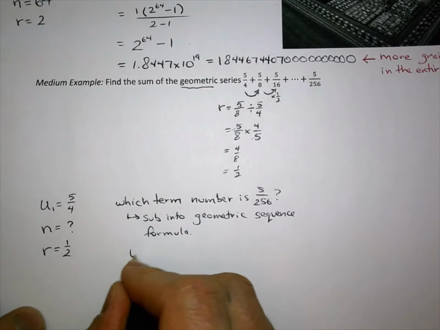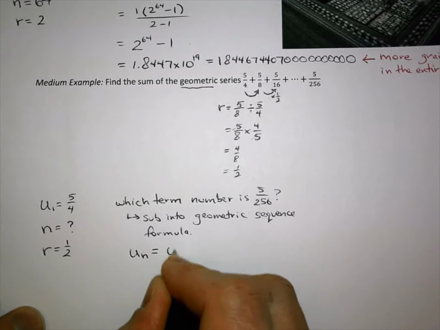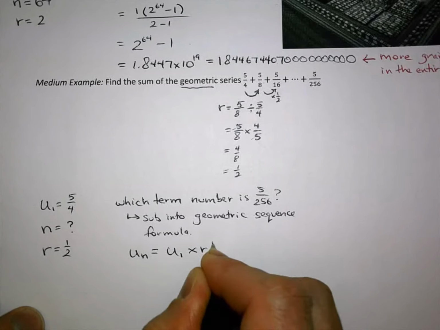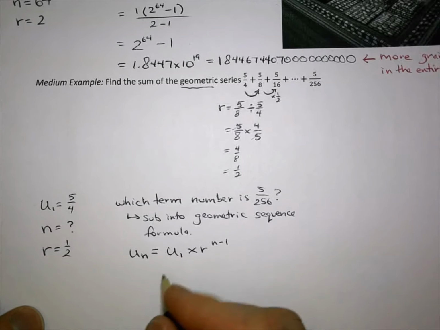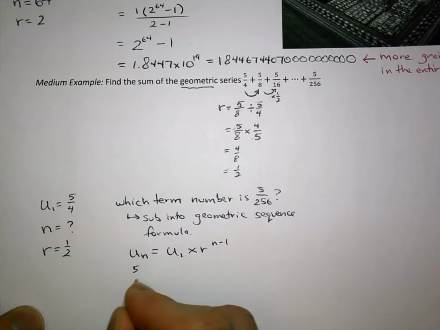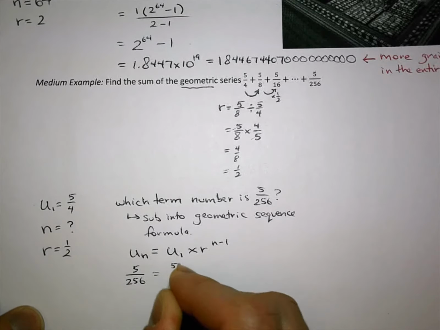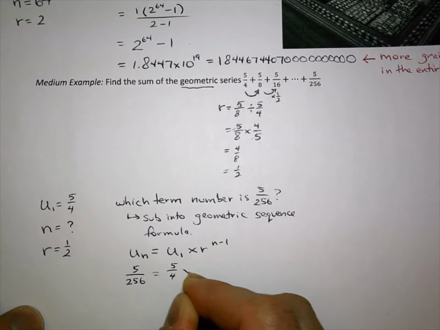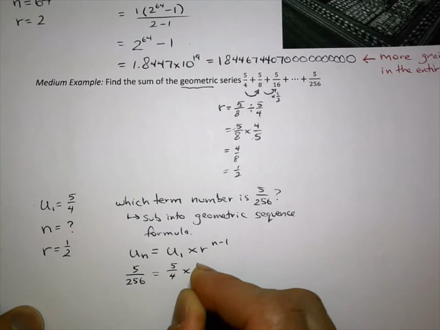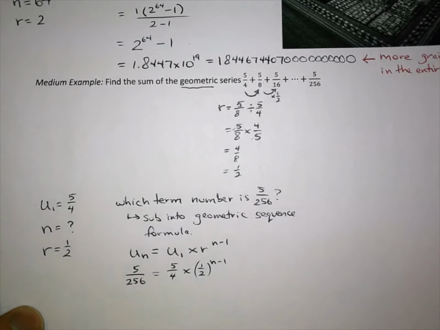If you don't remember that, that's u sub n is equal to u sub 1 times r to the power of n minus 1. Let me sub in some values here. So I know u sub n is equal to 5 over 256. u1 is 5 over 4. r is half. And this is to the power of n minus 1.